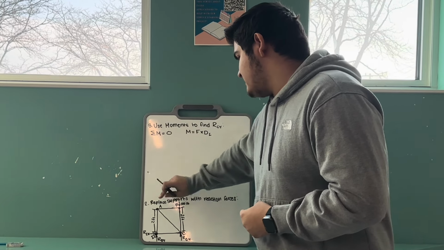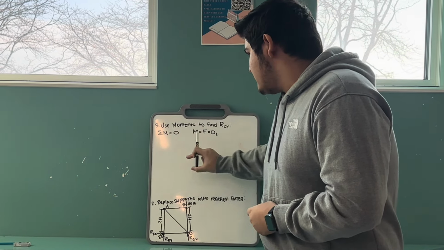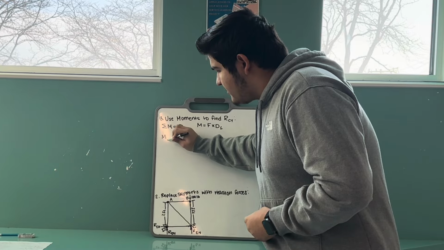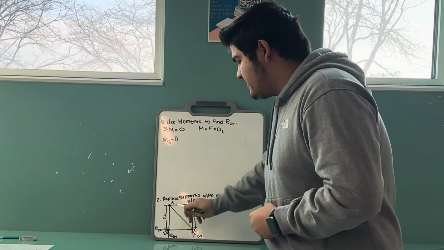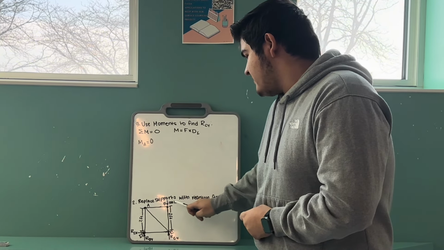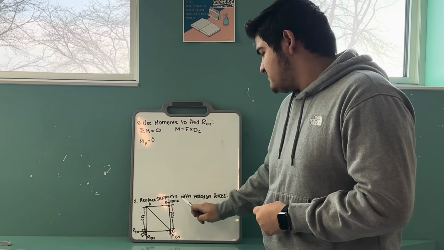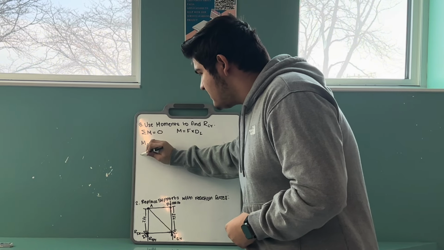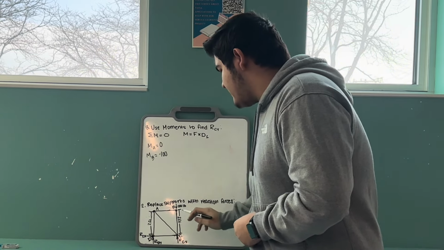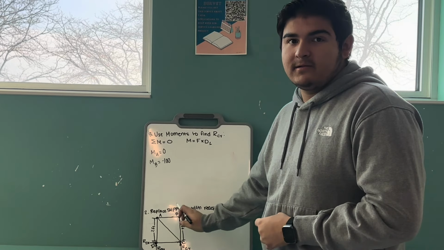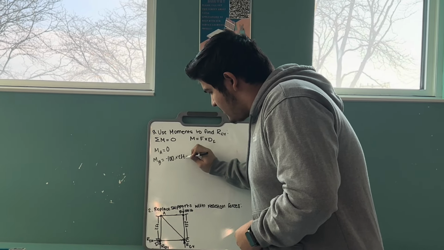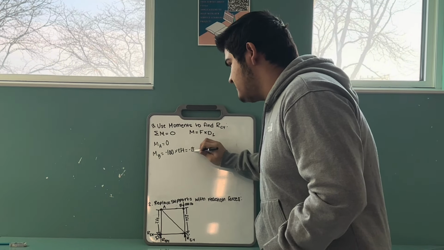So we have the moment here, which is moment A. Since there is no force acting on it, the moment of joint A equals 0. Then for joint B, we have a negative 100 pounds since it's going down, times 2 because its perpendicular distance is 2 feet, which equals negative 200.